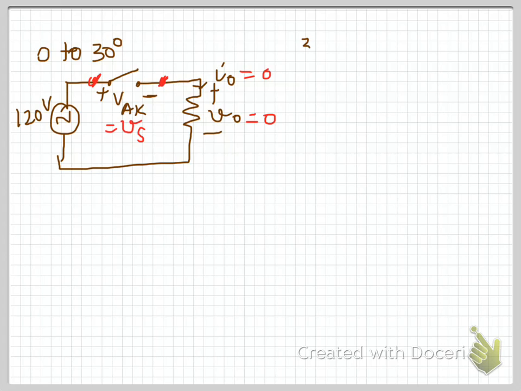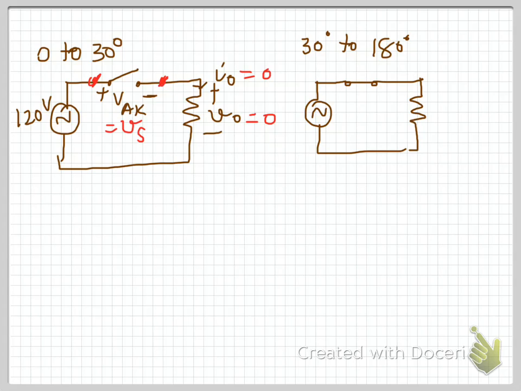And then the next circuit is 30 degrees to 180 degrees. So you have a closed switch, the SCR, which is connecting the supply to the load. Again, you mark all the voltages and currents in the circuit, and this is the 120 volt supply.